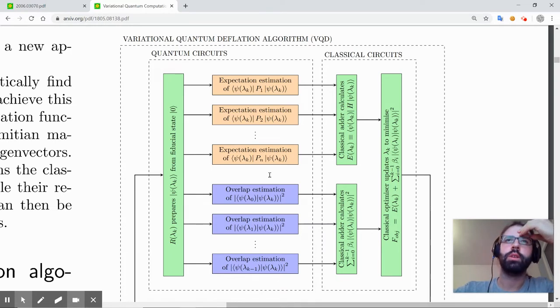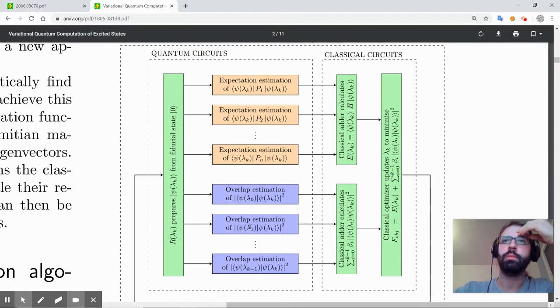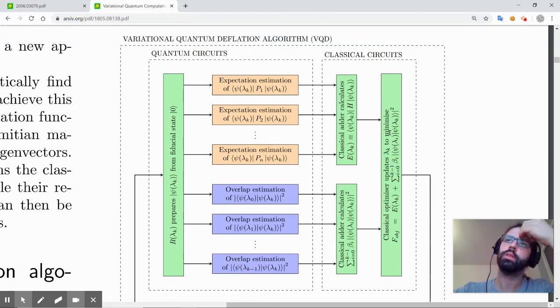Okay, so there's a lambda k that's prepared. I don't know what those lambdas are. And then classical adder calculates the actual expectation value of the Hamiltonian. And then there's an optimizer that updates lambda k, which I guess is a set of angles, to minimize.